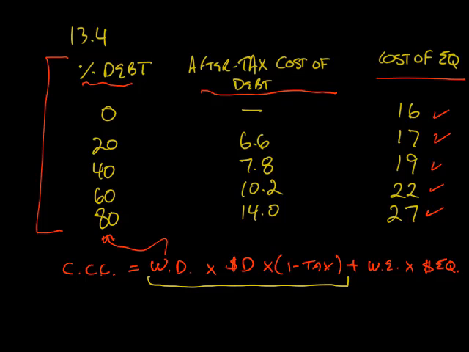And the cost of equity is just given right there. Here is your hint. Remember, in the lecture we talked about what this part of the formula is. That part is basically calculating your after-tax cost of debt, so you've already been given that number.